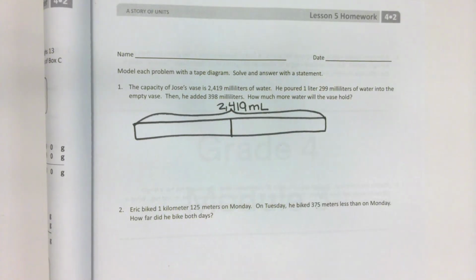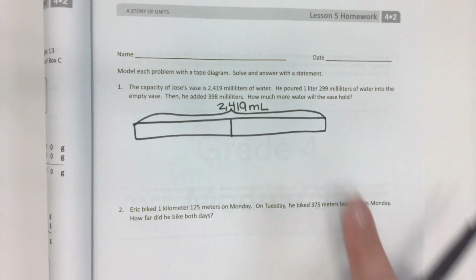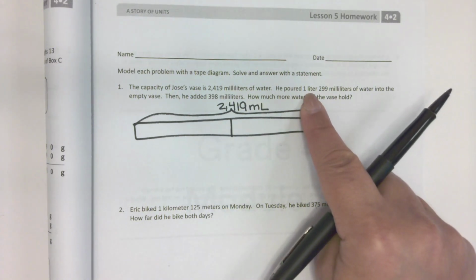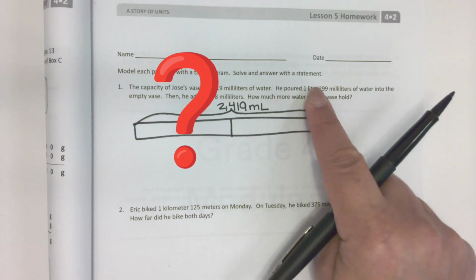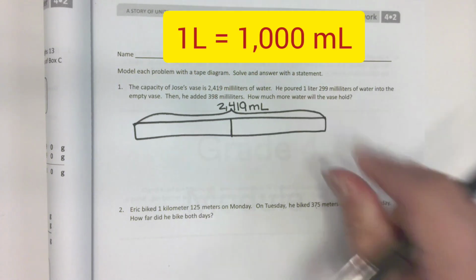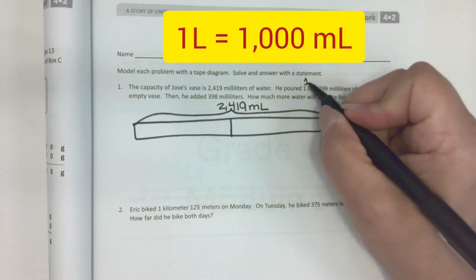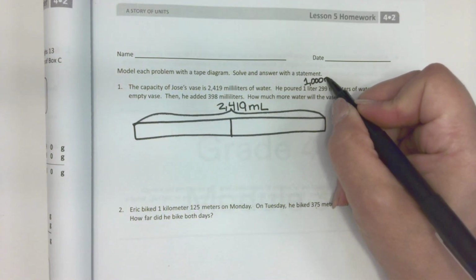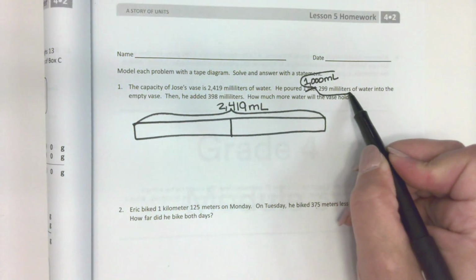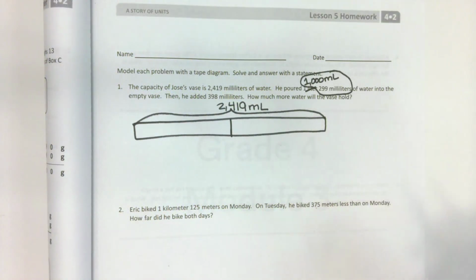But we're going to rename it into milliliters. When we rename 1 liter, how many milliliters does that part make? Remember, 1 liter is 1,000 milliliters. So we have 1,000 milliliters and the 299 milliliters.